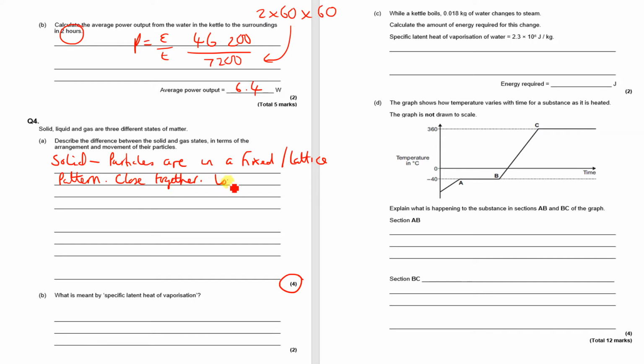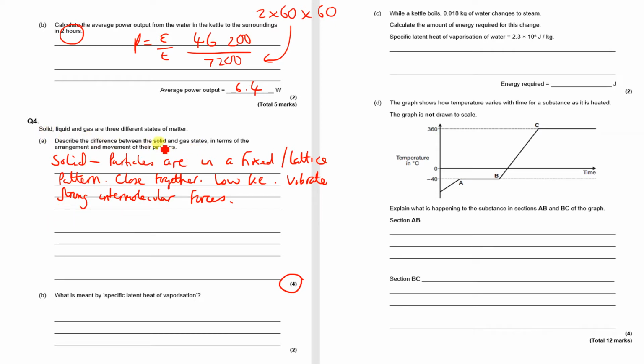They have low kinetic energy. They vibrate. And they have strong intermolecular forces. And they're all the key points. So if you use these key points, you can pick the ones that are actually asked for in the question.